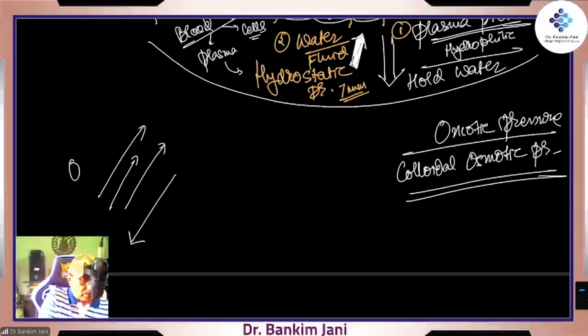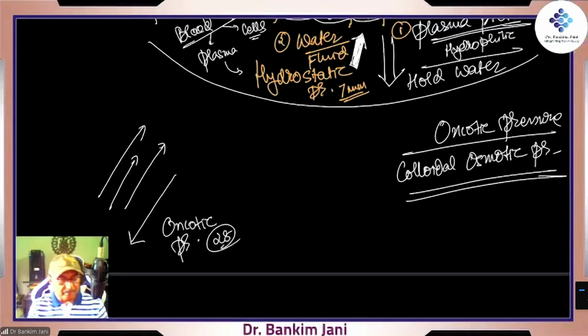So which are they? One, which was oncotic pressure. This oncotic pressure we need to write over, because it is keeping the fluid inside. So that is about 28. Then there is the hydrostatic pressure, which is trying to throw the water out.